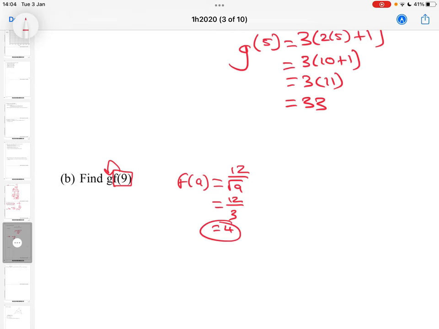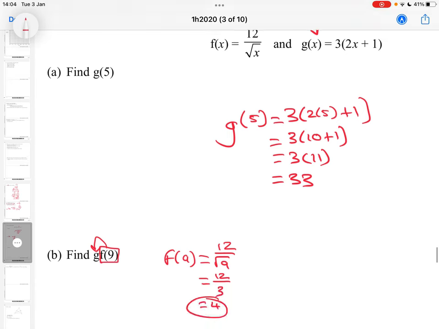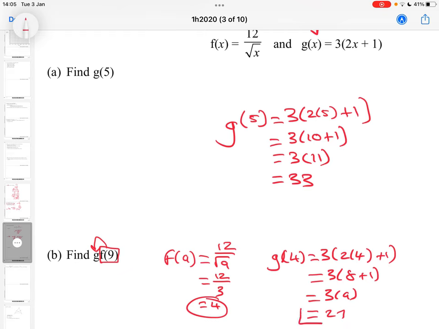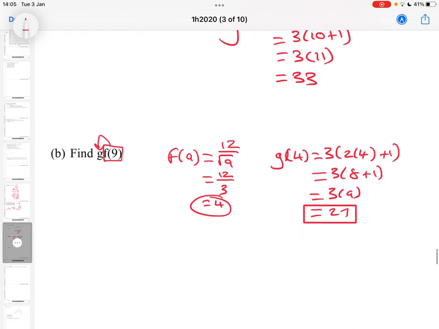Now it wants me to put 4 into G. So we're going to have 3 and then 2 times 4 plus 1. So 2 times 4 is 8 plus 1, which is 9. So 3 times 9, and the answer is 27. That's the answer for the second part.